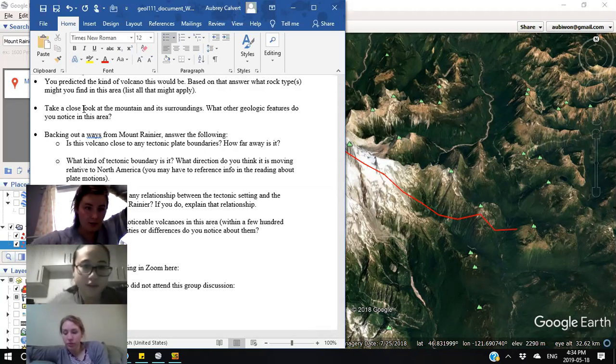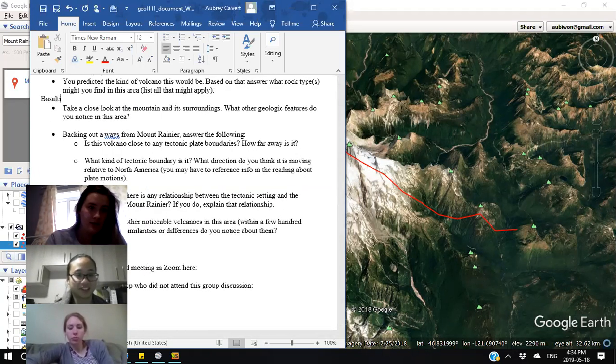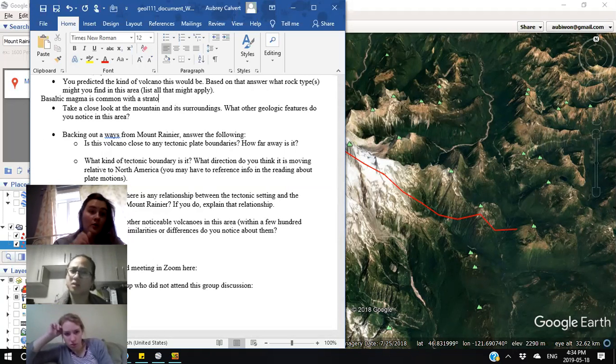Basaltic. Right? Basaltic? Yeah. Basaltic. Yes, or basalt. I don't remember exactly if pumice is the right thing, but yeah, pumice, scoria.